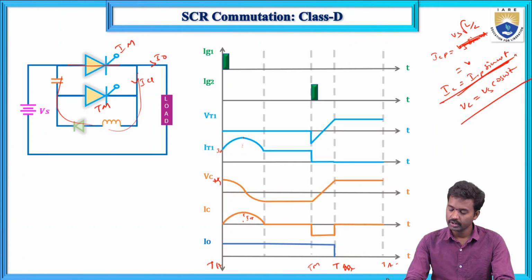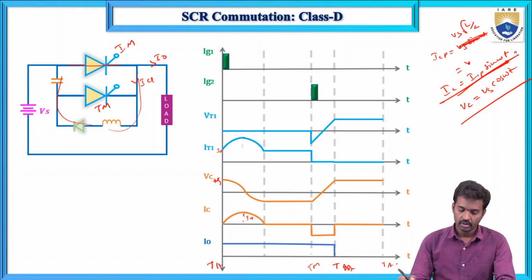These are the equations. Here this is ICP and this is I naught. The circuit turn-off time t goes from minus Vs to 0.